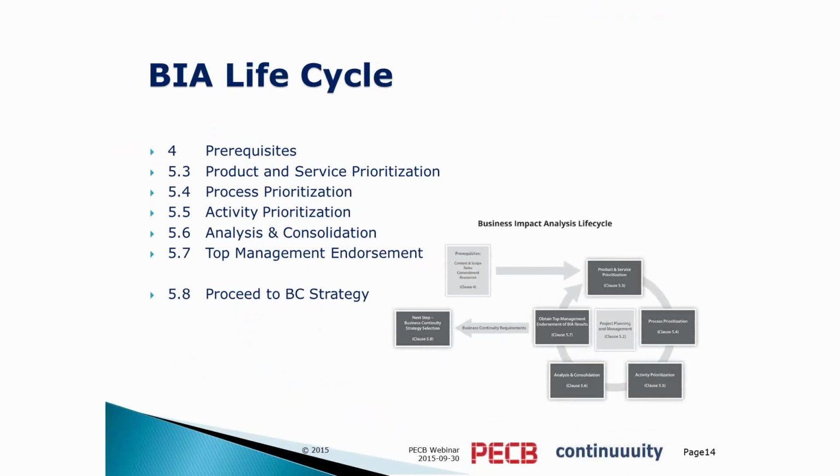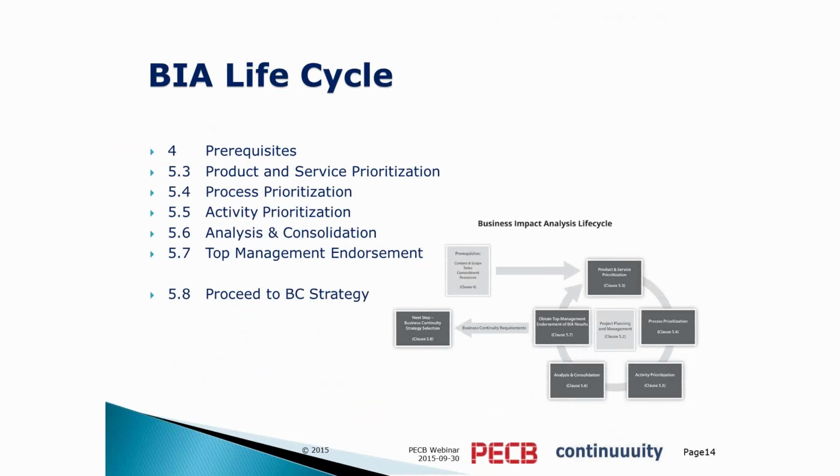So now it's the actual numbering which we are talking about. On the right side, we see again a circular diagram, which I will explain on the next slide. It shows a proposal for how to conduct or structure a BIA. But let me come to 5.8, proceeds to BC strategy.